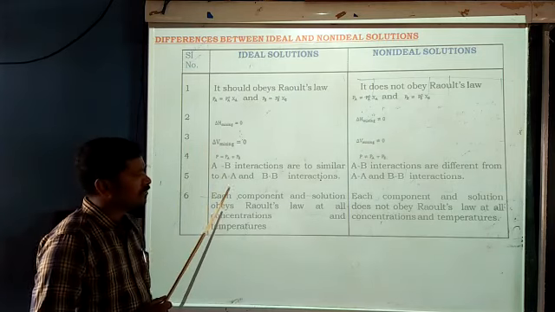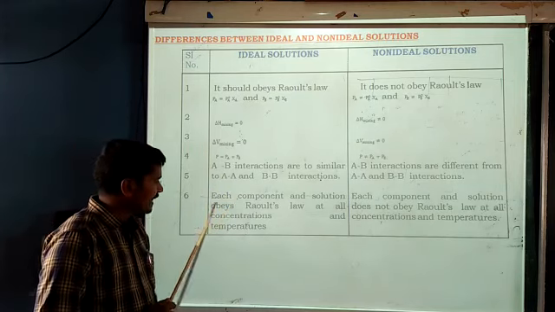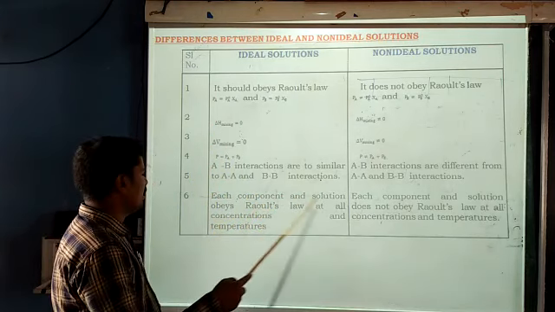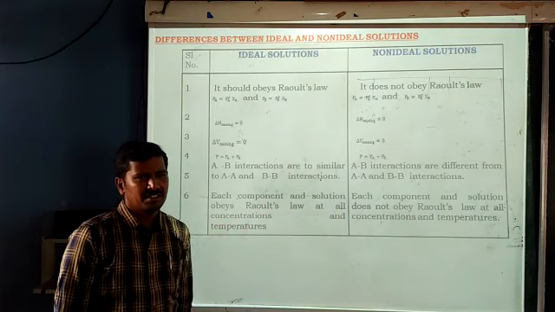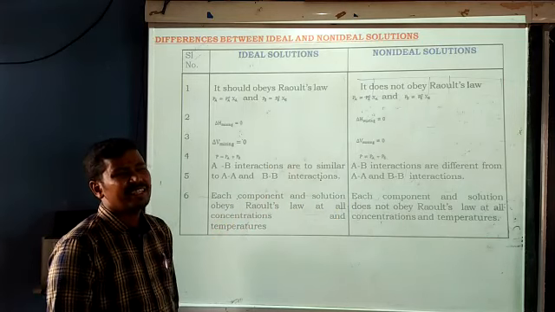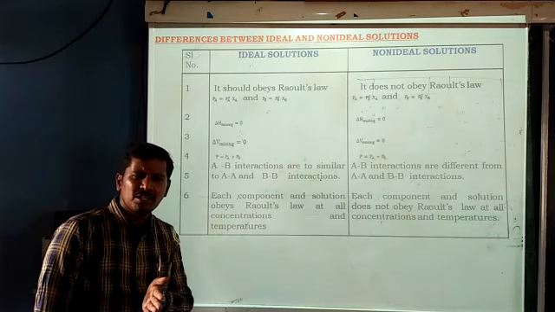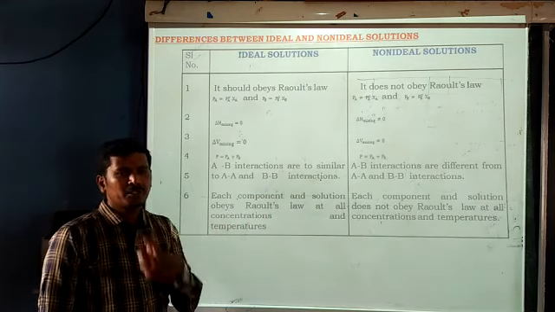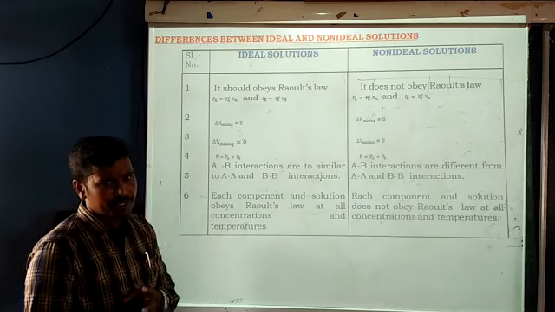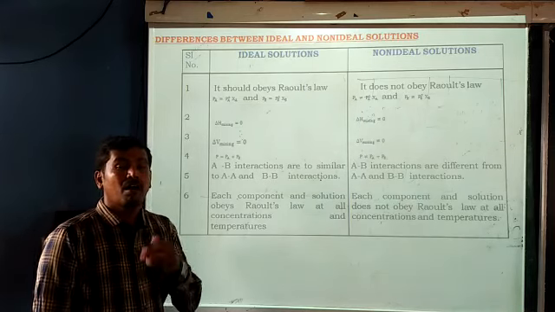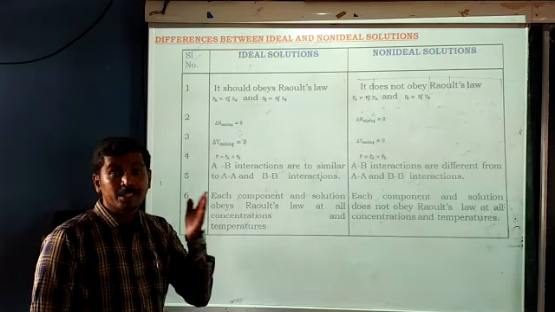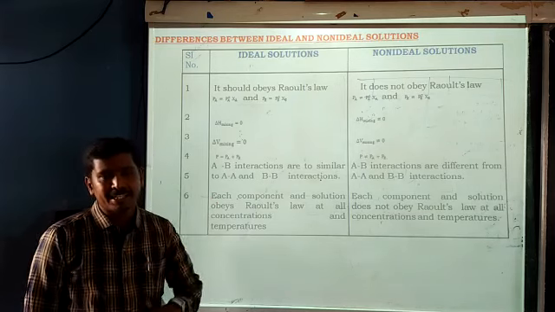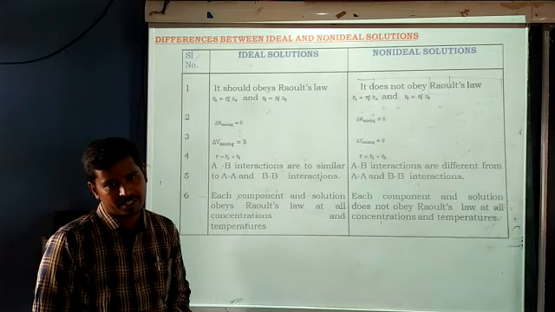Now the next concept. In an ideal solution, each component in the solution obeys Raoult's law at all concentrations and temperatures. It is not that only the solvent should obey Raoult's law but the solute should not. If you want to say it is an ideal solution, all the components present in the solution should obey Raoult's law over the entire range of temperature and concentration.